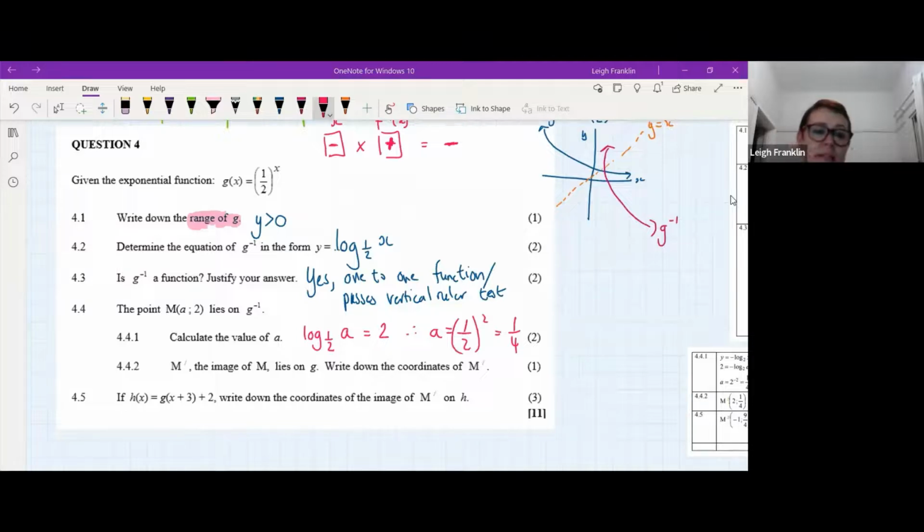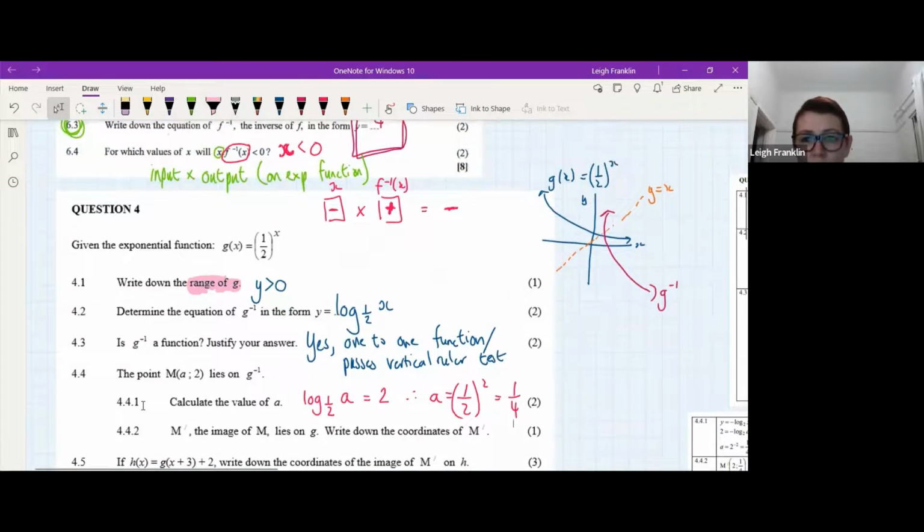Now they say to us, M prime, the image of M, lies on g. Write down the coordinates of M prime. It's actually such an easy question, and you can see it's only out of 1 mark. So what are they asking us for here? They're asking us for a point that is mirrored on the inverse.